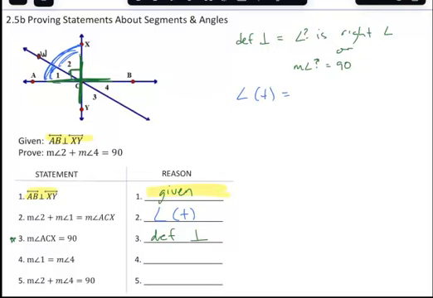Remember, angle addition can either be measure of angle A is equal to measure of angle B plus measure of angle C, or measure of angle B is equal to measure of angle A minus measure of angle C, or measure of angle C is equal to measure of angle A minus measure of angle B. So those are the alternate forms, but this is all angle addition.